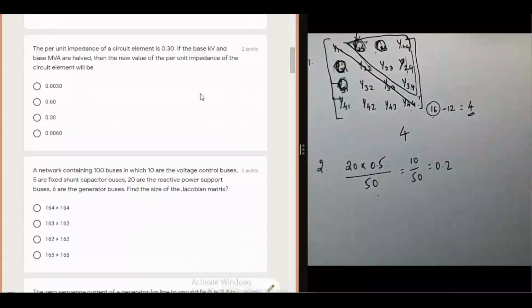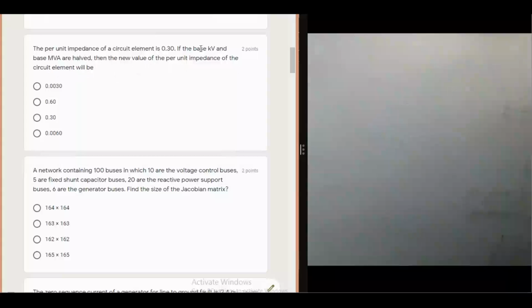Then third question. A per unit impedance of a circuit is 0.3. If the base kilovolt and the base megavolt ampere are halved, then the new value of per unit impedance of the circuit element will be. In this problem, the old impedance value and the new base kilovolt and new base megavolt ampere values are given.